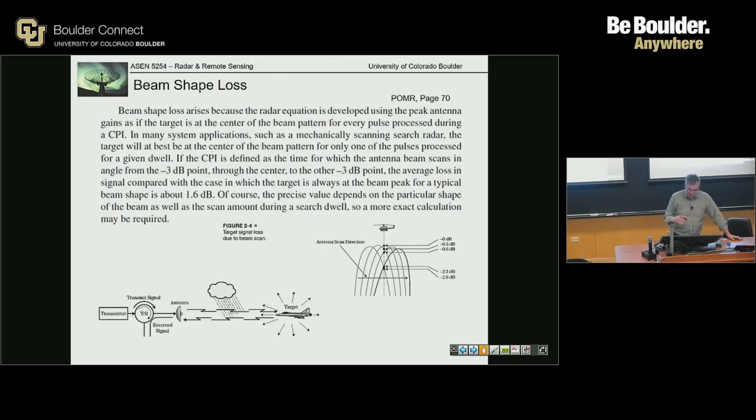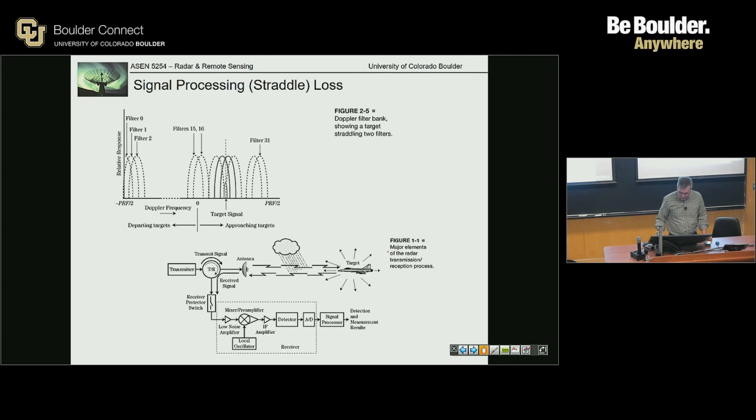Beam shape loss. I think I mentioned that this could be considered a signal processing loss, in that you don't know where your target is, and you could probably determine where your target is as you scan for it. Signal processing loss.